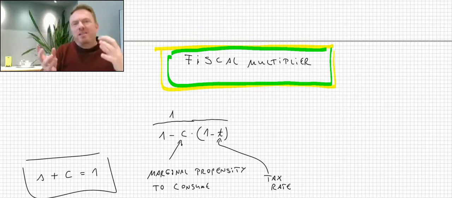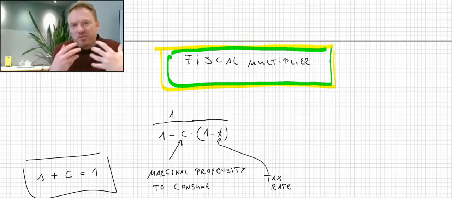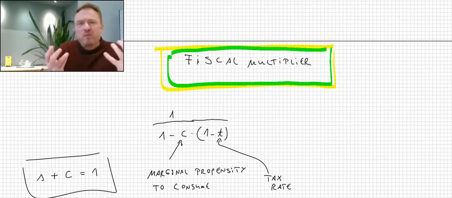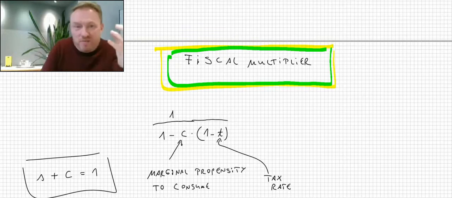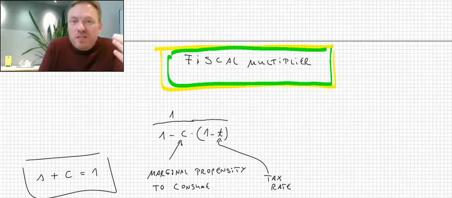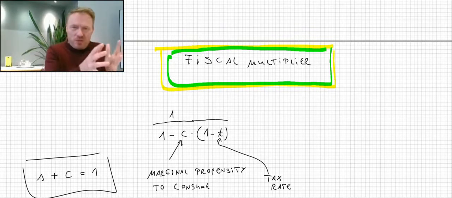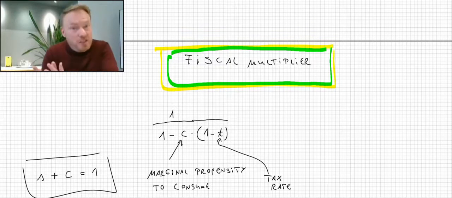Look at this. What does the marginal propensity to consume stand for? If it is 0.3, for example, it means if you earn $1 more, then you spend 30 cents more. Out of this $1 that you earn, you spend 30 cents and you save 70 cents, of course, as a consequence.